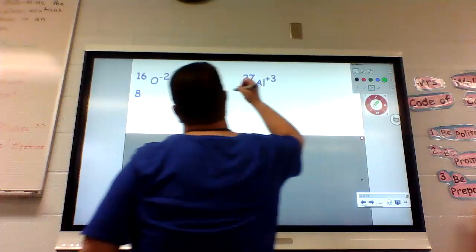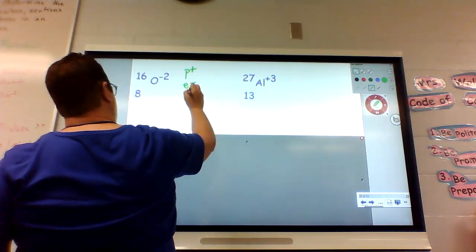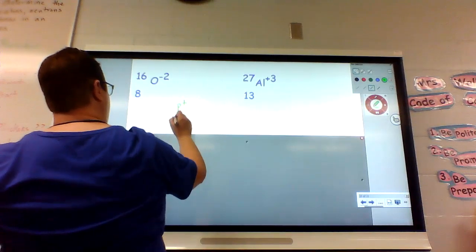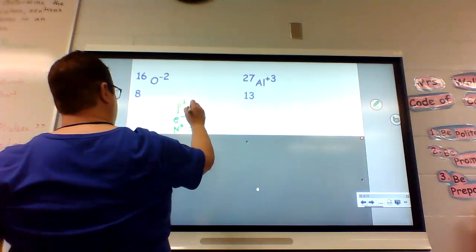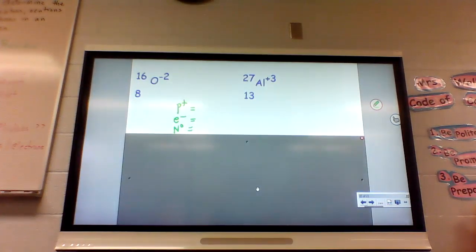I learned this next. I'm going to be able to find the protons, the electrons, and the neutrons. Now, in order to do this, this works just like we've already done.